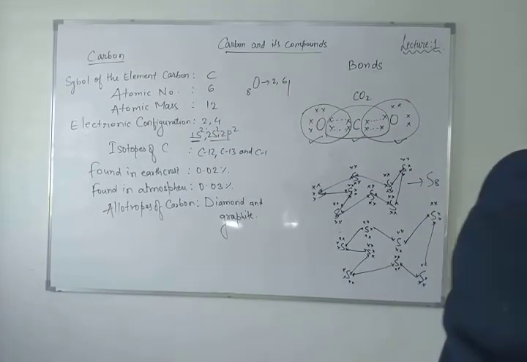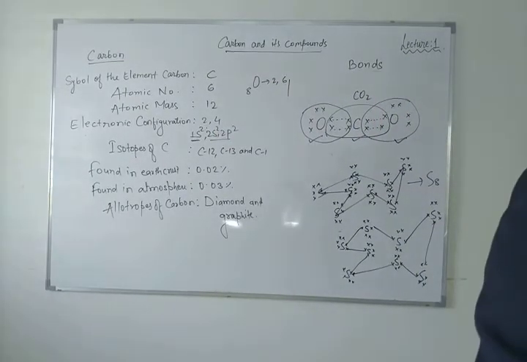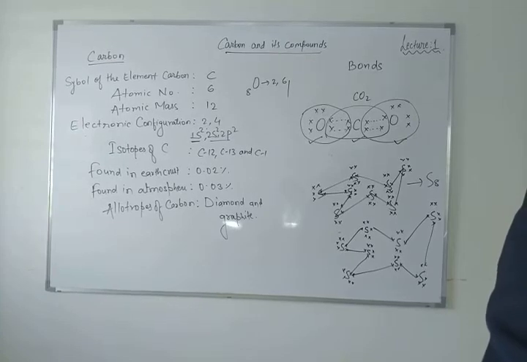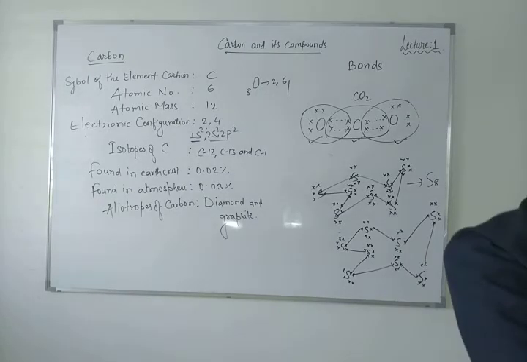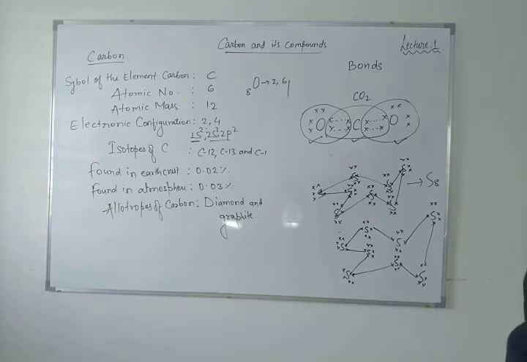Now, the versatile nature of carbon. Carbon has a unique tendency to attain stability. Why am I saying this is a unique tendency? Because of the formation of covalent bonds by sharing of electrons with various elements in compounds; you may have seen the structure of simple carbon compounds.